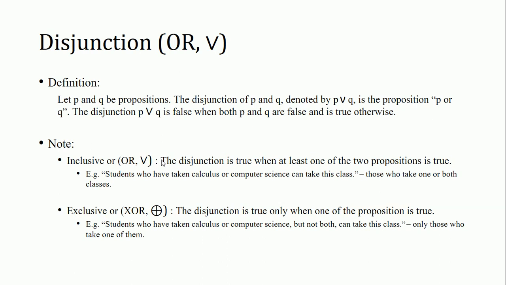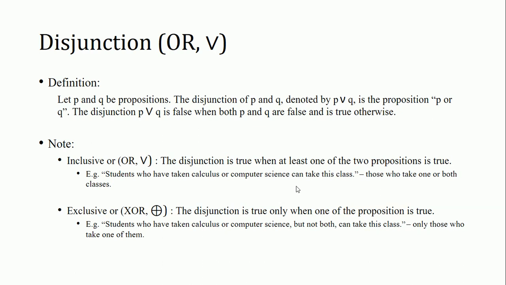Anong class? This discrete math class. Meaning, kung nakakuha ka na ng calculus or ng computer science, or kahit nakuha niyo pa silang dalawa, pwede niyong kunin yung klase na ito. Yun yung ibig sabihin ng inclusive or.